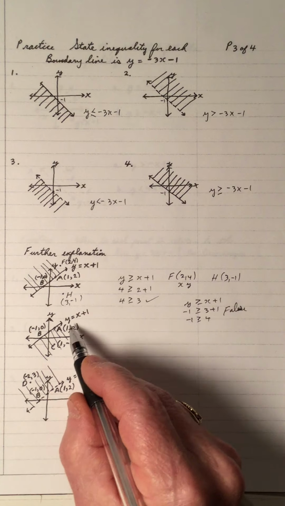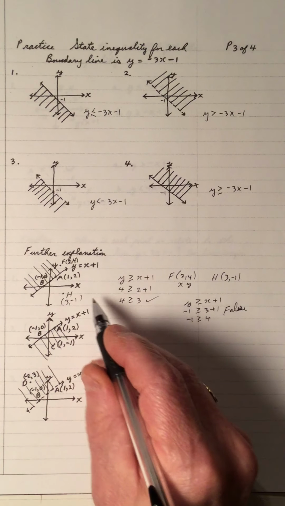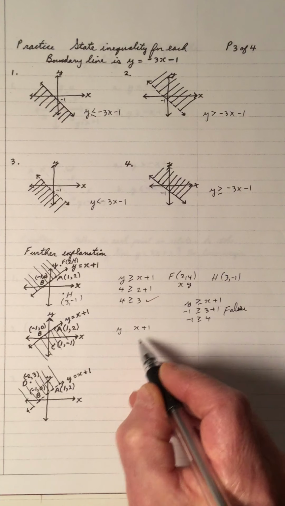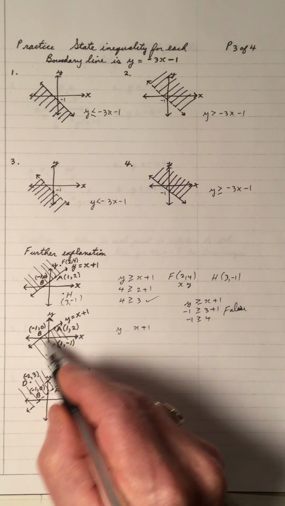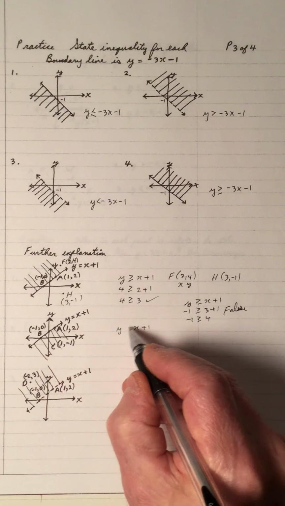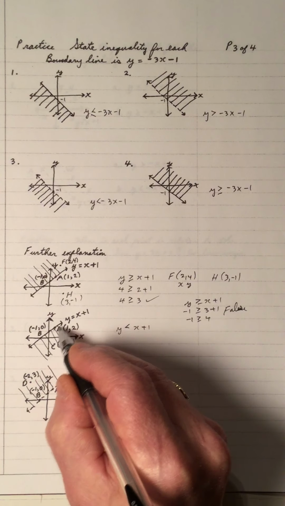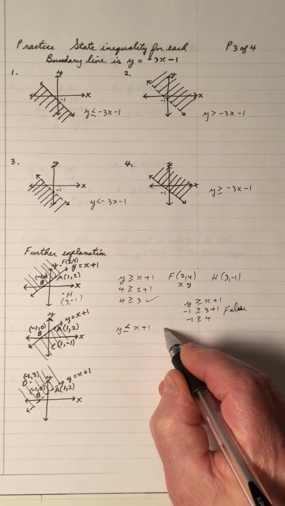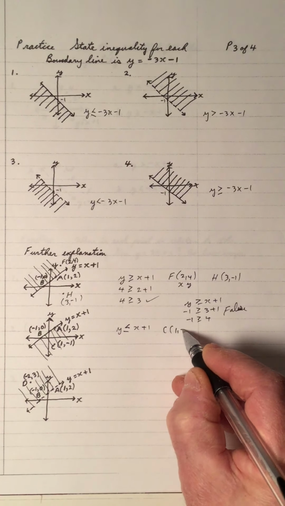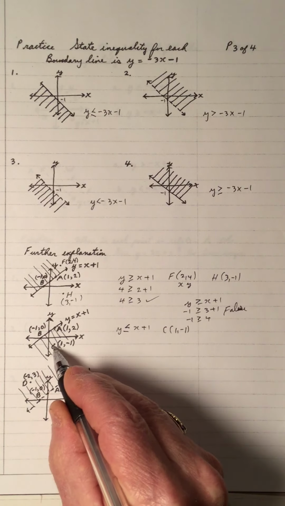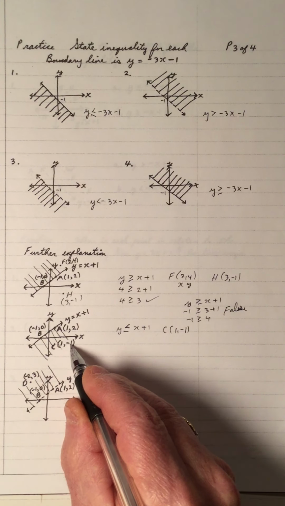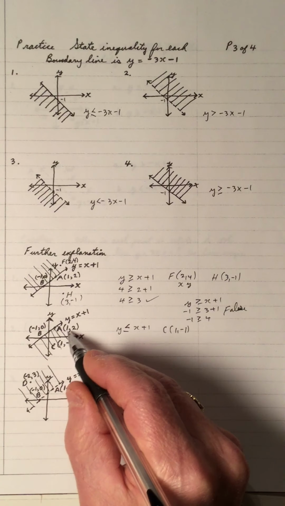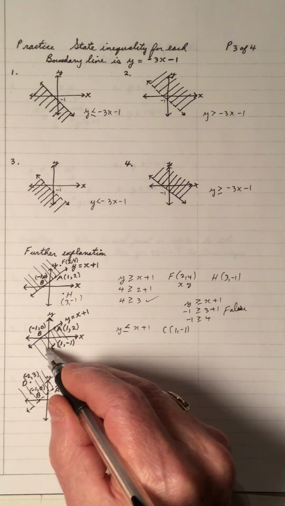Let's continue. We have, again, the boundary line is y equals x plus 1. All these points here are below, so it's a less than, and the line is solid, so it's less than or equal to. So let's look at the point 1, negative 1, C. So 1, negative 1 is one of the points that's fitting in this graph.